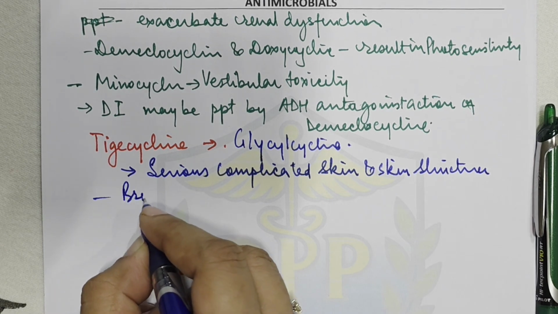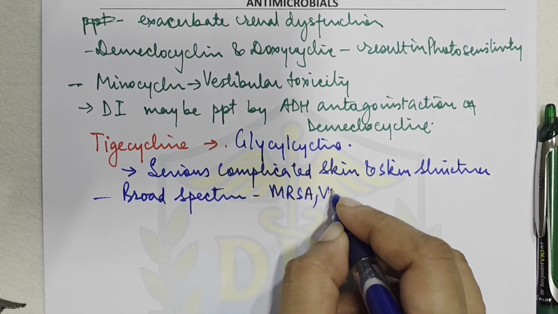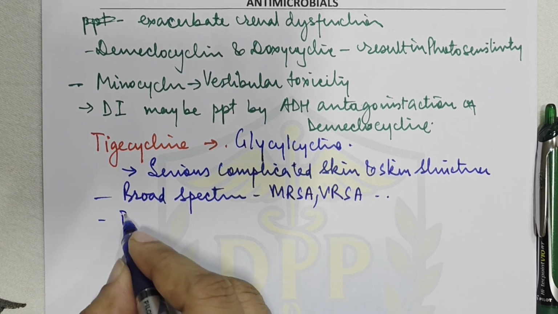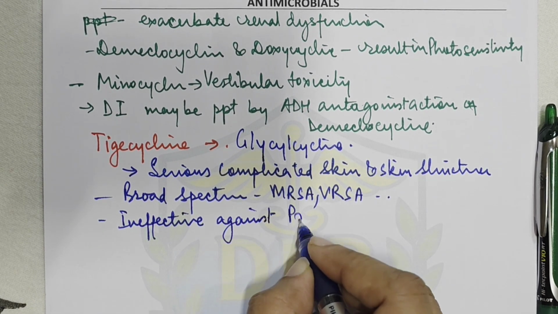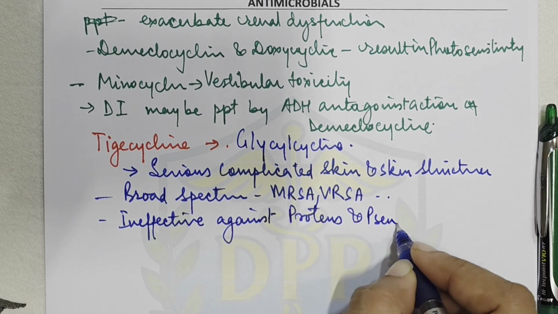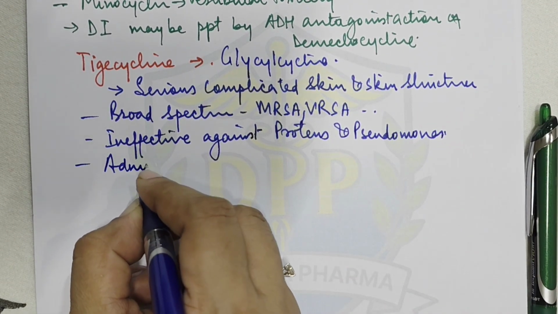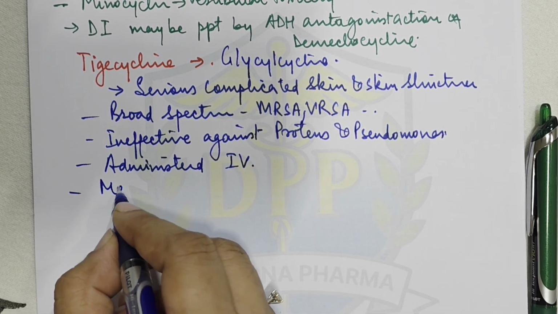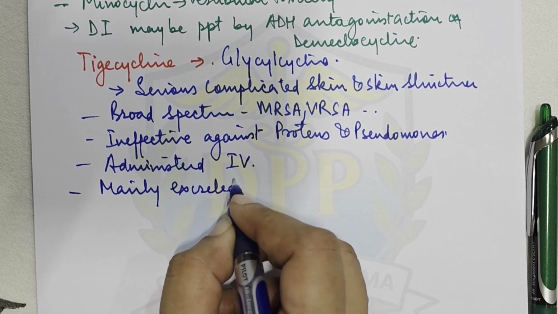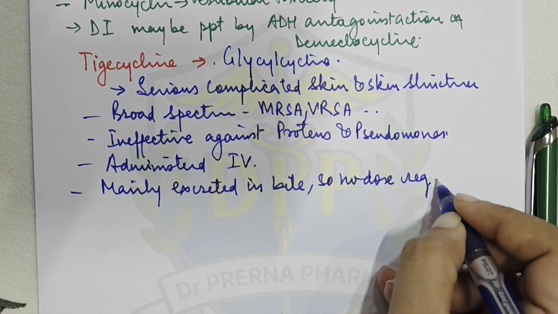It has a broad spectrum, including MRSA, VRSA, etc. It is ineffective against Proteus and Pseudomonas. Tigecycline is administered intravenously. It is mainly excreted in bile, so no dose adjustment is required.